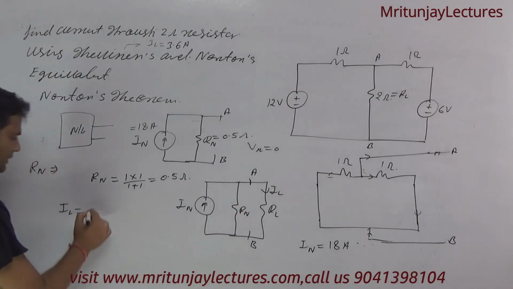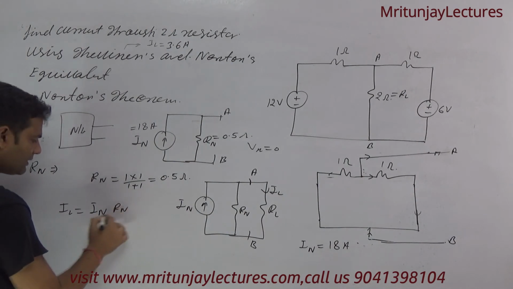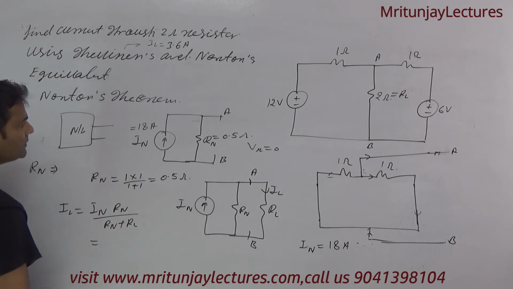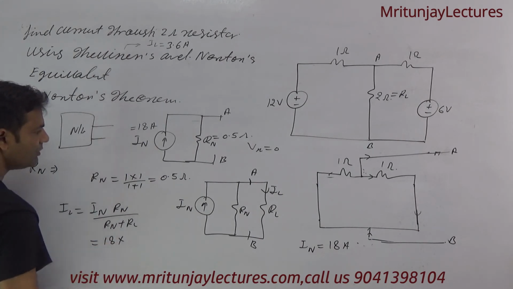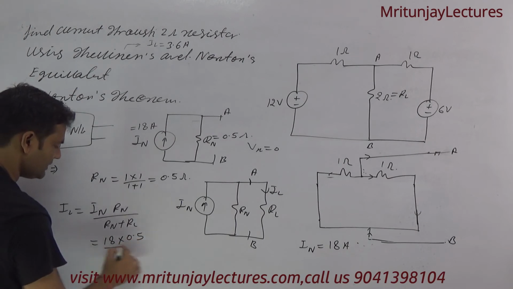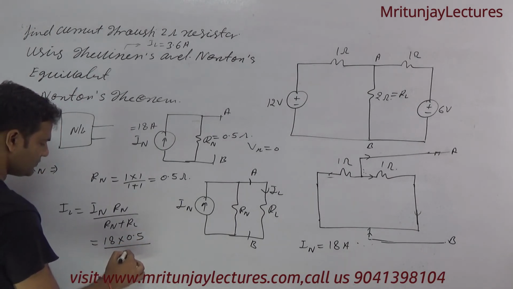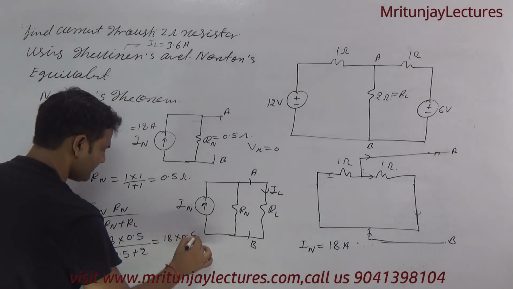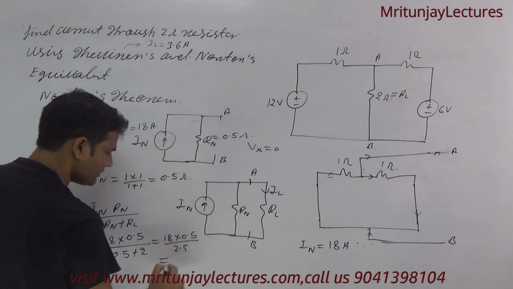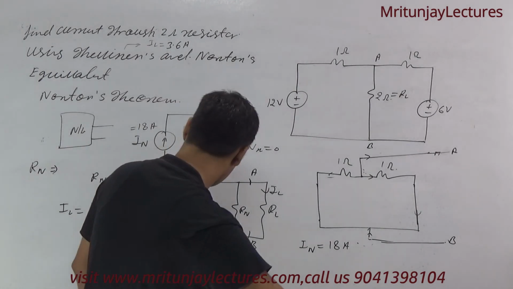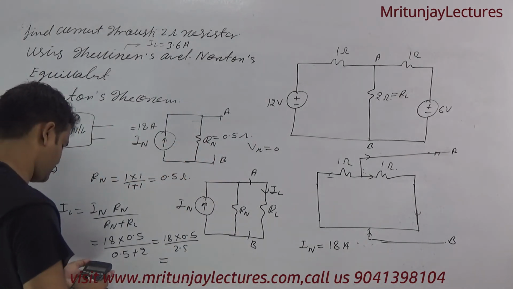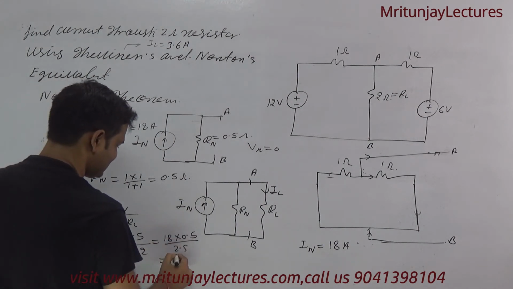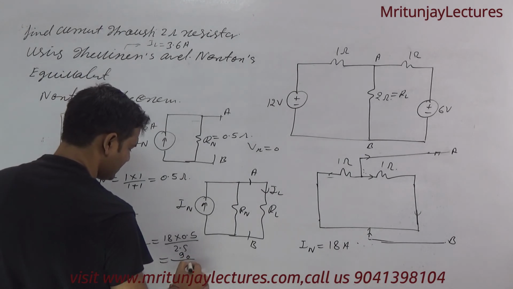Apply the current divider rule: In into Rn divided by Rn plus RL. 18 into 0.5 divided by 0.5 plus 2. So 18 into 0.5 divided by 2.5, we get 90 divided by 25.